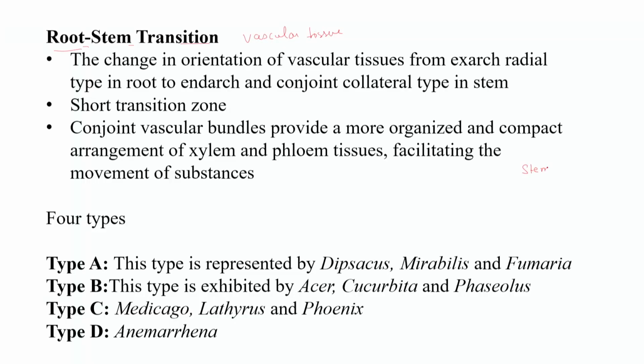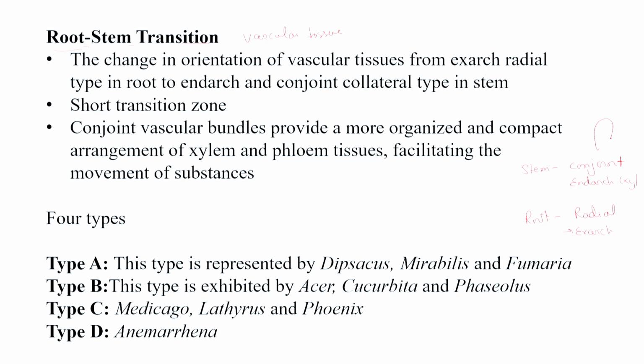Now in stem you have conjoint vascular bundle and endarch condition of the xylem, whereas in root you have radial vascular bundle and exarch condition.